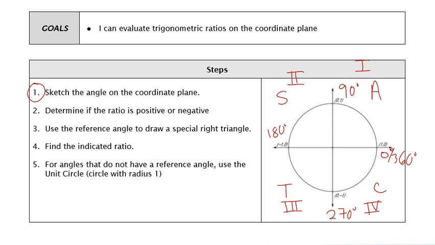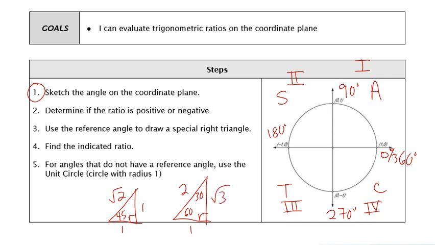We're also going to use the special right triangles, so we want to make sure we definitely remember our ratios for those. The 45, 45, 90 has 1, 1, radical 2, and the 30, 60, 90 has 2, 1, and radical 3. We're going to see that come up a lot.